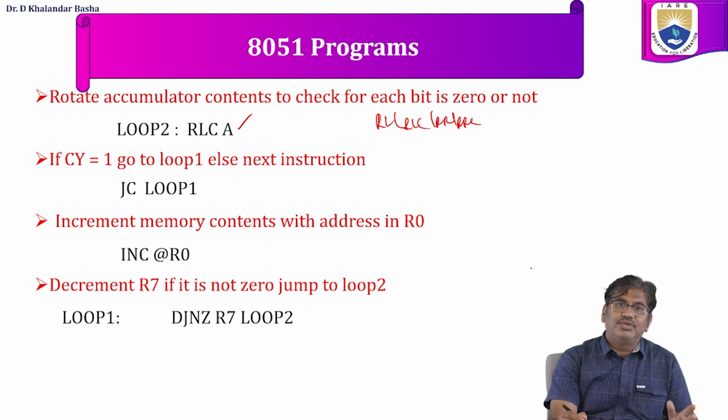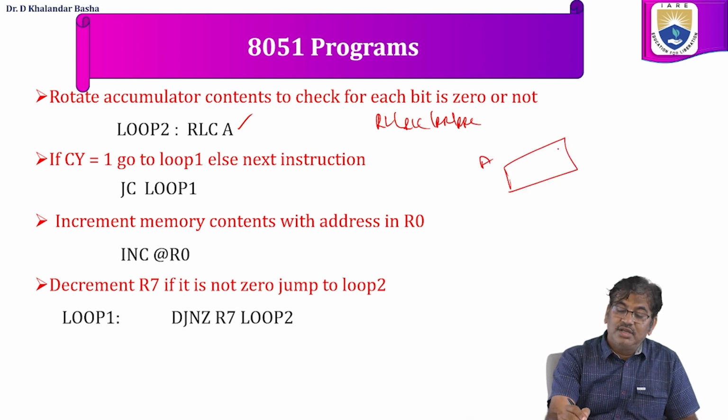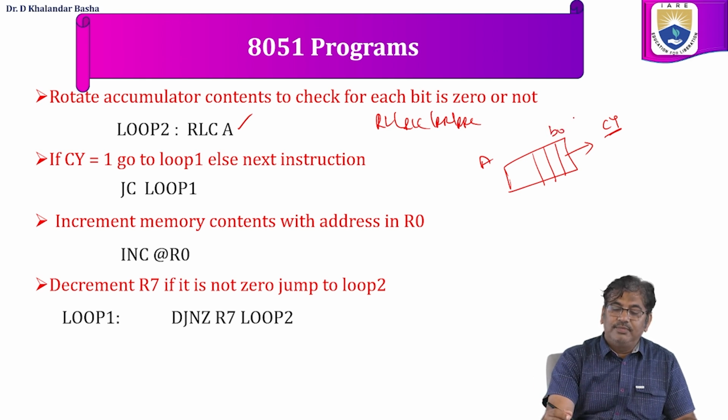To retain the same value, you can have RLC instruction. So this is accumulator contents. We are going to shift this one towards left side. So each time, each and every bit will be shifted into the carry flag. Whichever it is in the MSB, that will be loaded into carry flag.